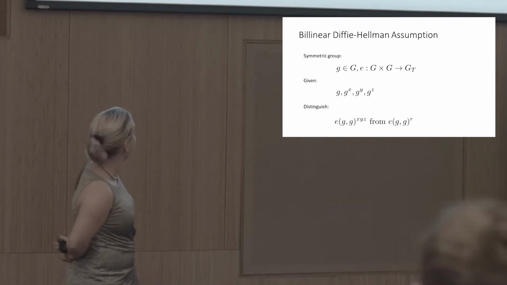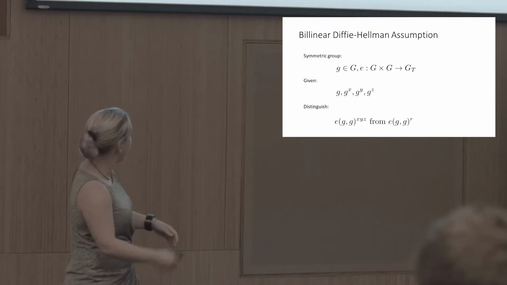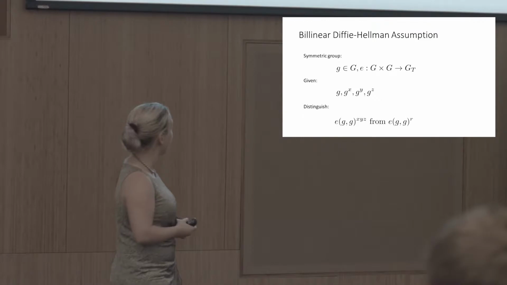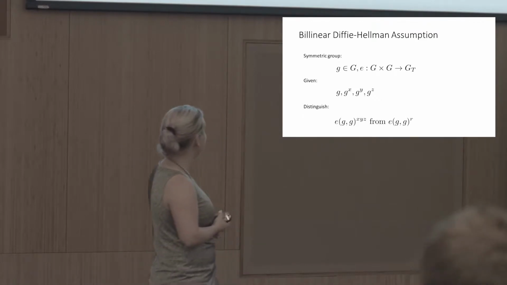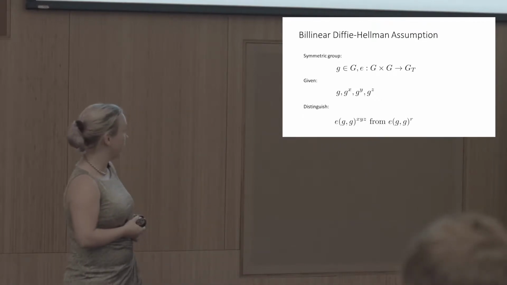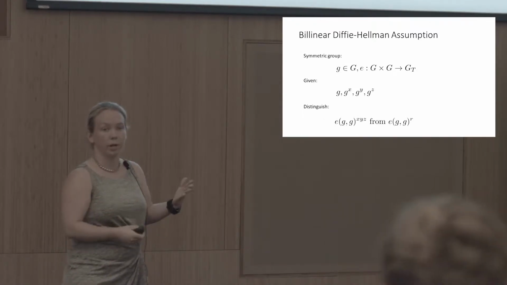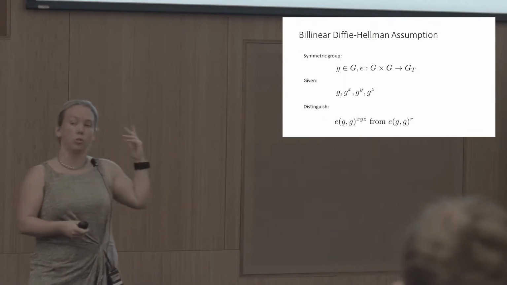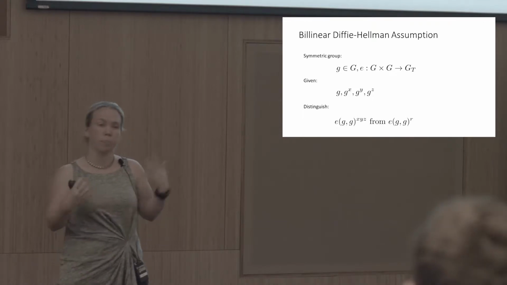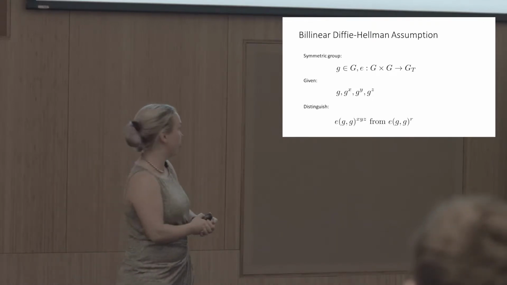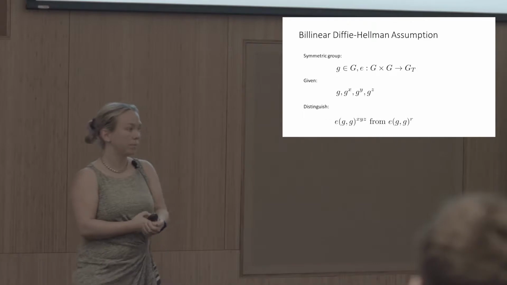So the assumption is that if I give you these group elements g, g^x, g^y, g^z, it should be difficult to distinguish something that has this degree 3 term in the exponent from something that's random. And throughout this talk, I'm going to use r as an exponent. That always just represents a uniformly random exponent in the space.